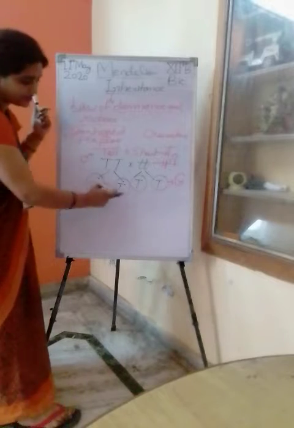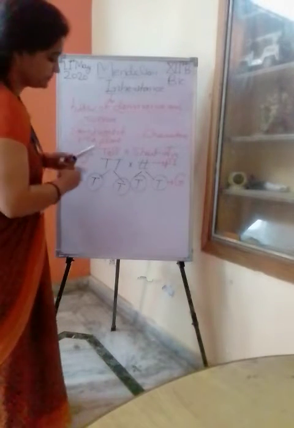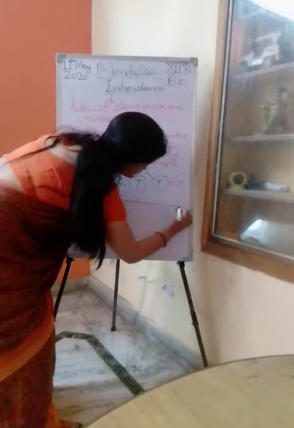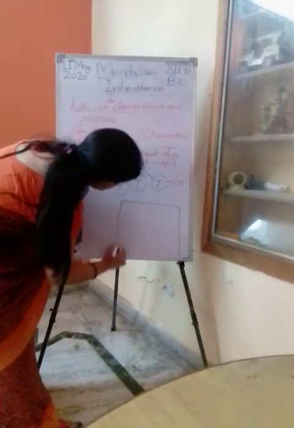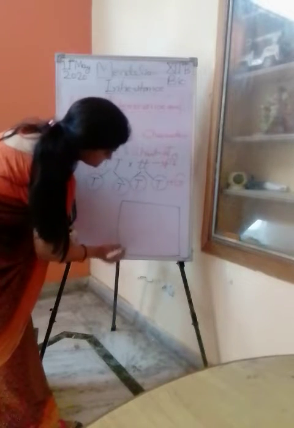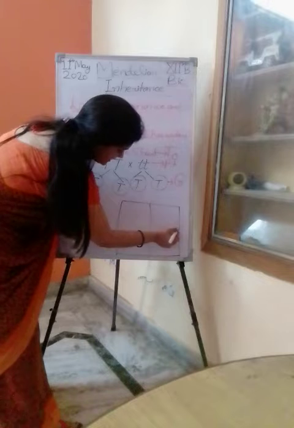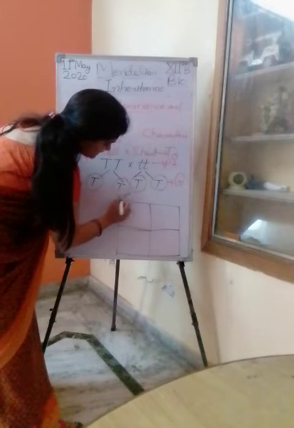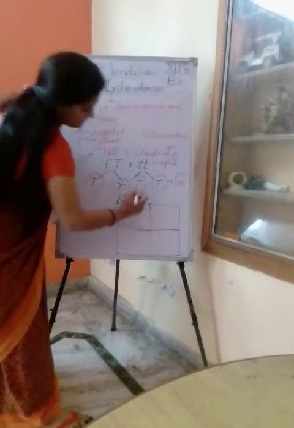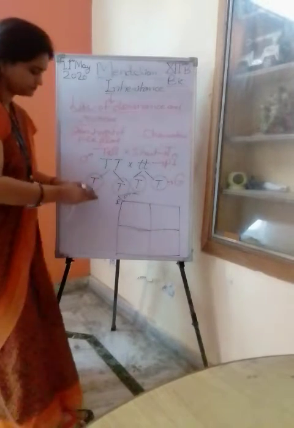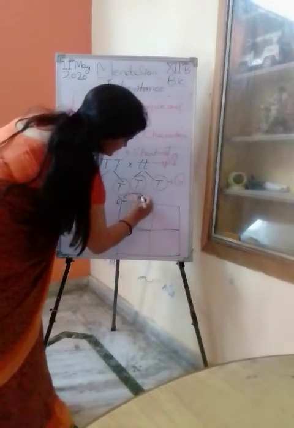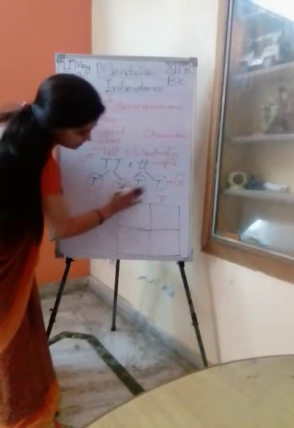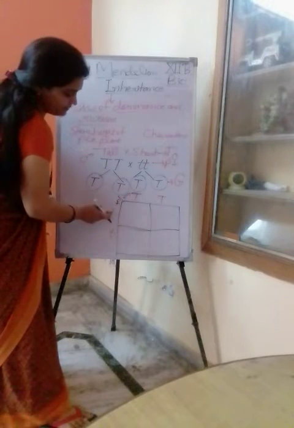How can you cross them? You can make a checkerboard. How can you make the checkerboard? That is a very easy process. The checkerboard is a rectangular shape. Now that is the male and female. You can write capital T and capital T, and small t and small t, and we will cross them.